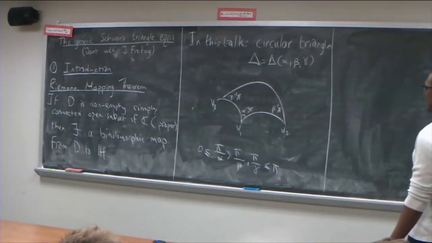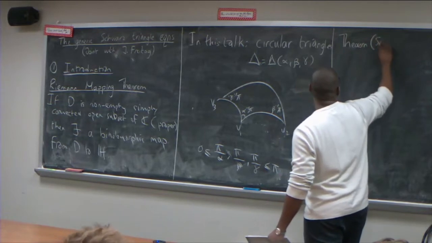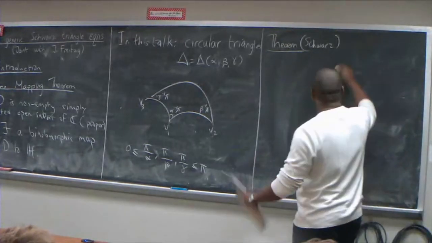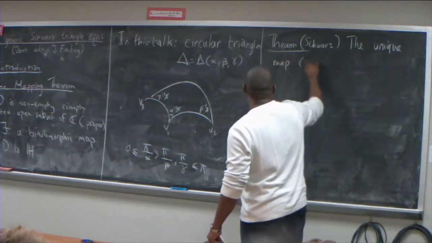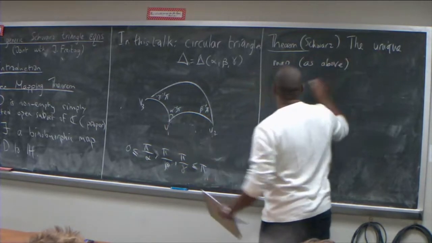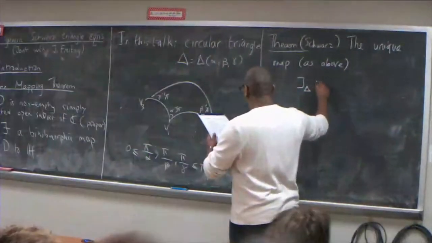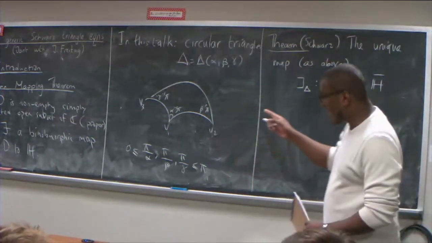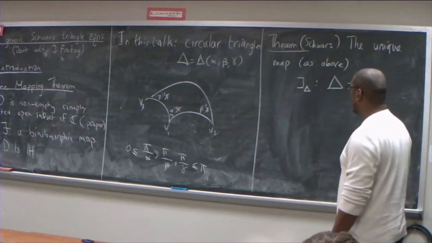And so it was Schwarz who looked at this particular case, and his theorem is that there is a unique map, as given in the Riemann mapping theorem, which I'm going to call J gamma, taking the triangle to H bar. Here I'm using the stronger version of the Riemann mapping theorem, where I can talk about mapping the boundaries of the various objects.